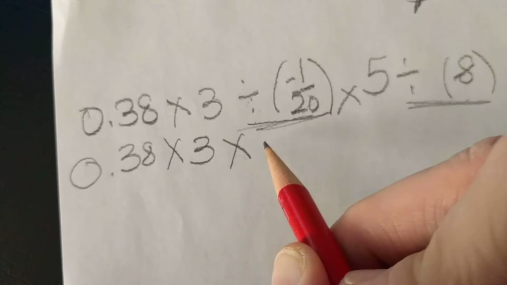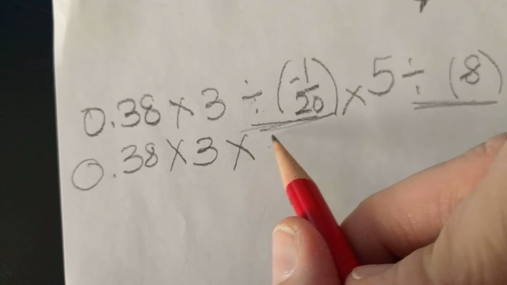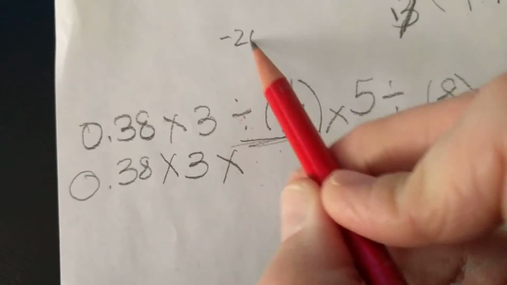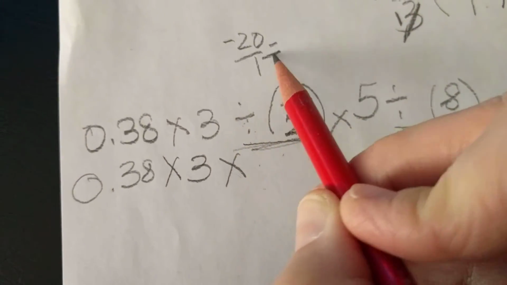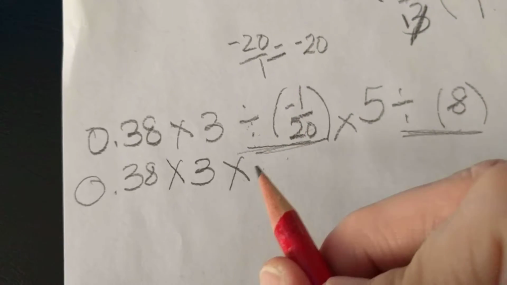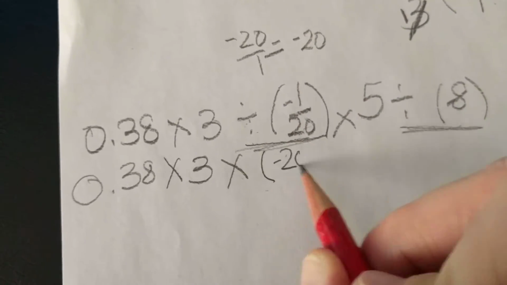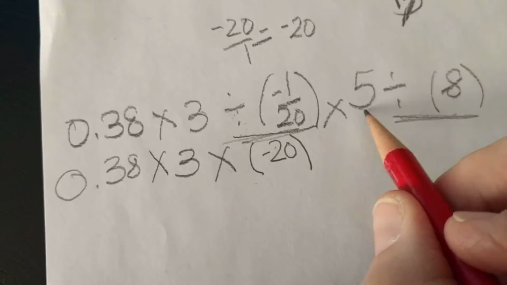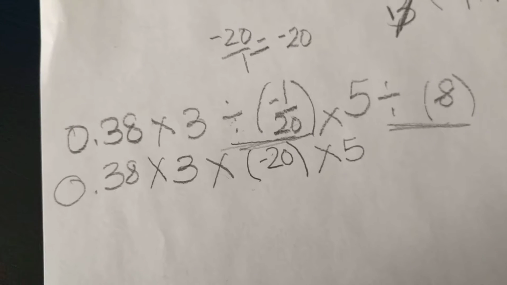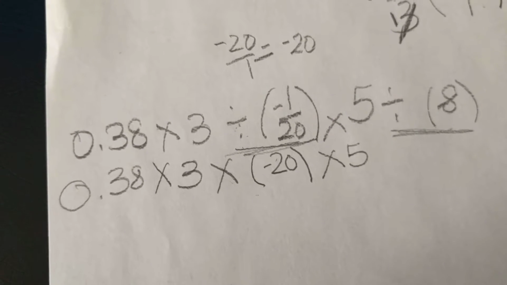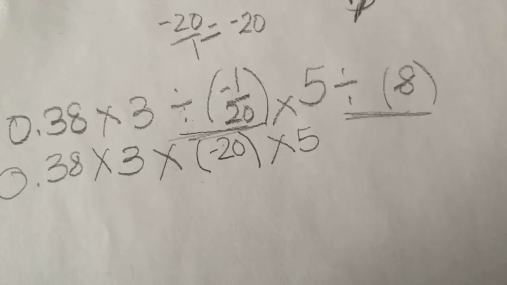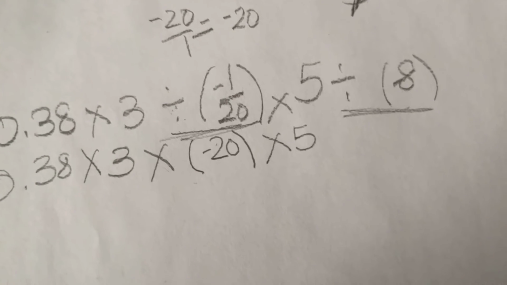If I flip the numerator and denominator around, I get negative 20 over 1, which is the same as just saying negative 20. Good? So times negative 20. This is already times 5. Don't change the times. It's just like subtraction. Anytime you see subtraction, you make minus, plus, and the number that comes right after it takes the opposite sign.